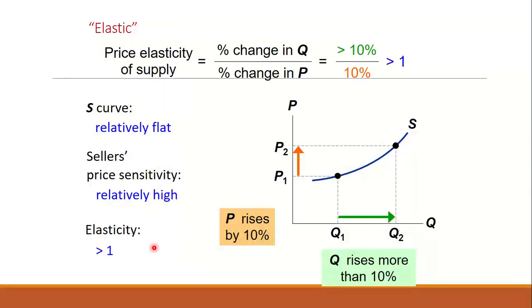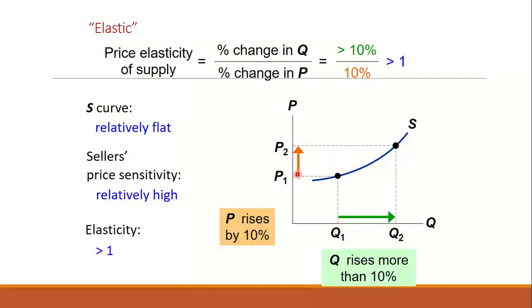Next is elastic supply. Here the supply curve is relatively flat. If price rises by 10%, then quantity rises by more than 10%. So there is a greater change in quantity due to the increase in price.